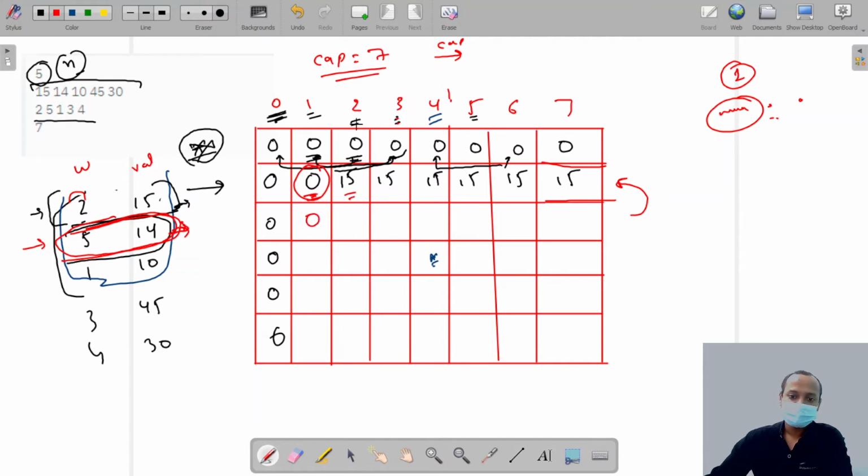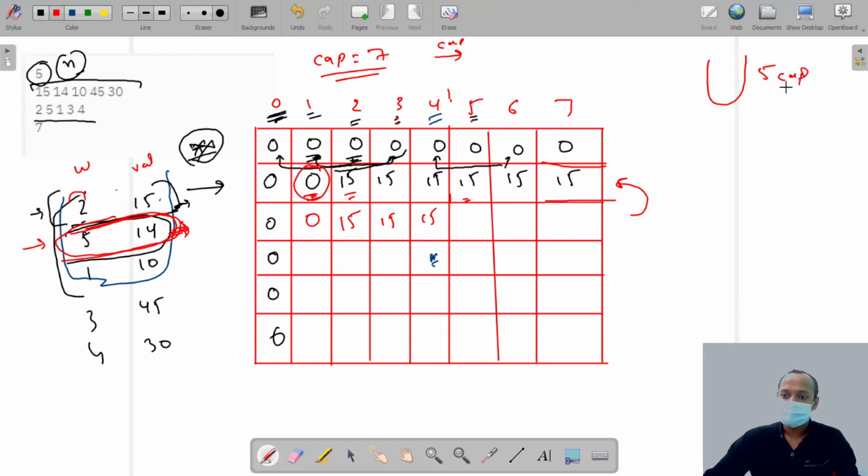If the capacity of the bag is 2, the maximum value we get is 15. So this is without this item, because till 4 we can't include or exclude this item. We can't put this item in our bag. So till this we can similarly write the previous one. Now talk about here. We have capacity 5. So the capacity of the bag is 5.